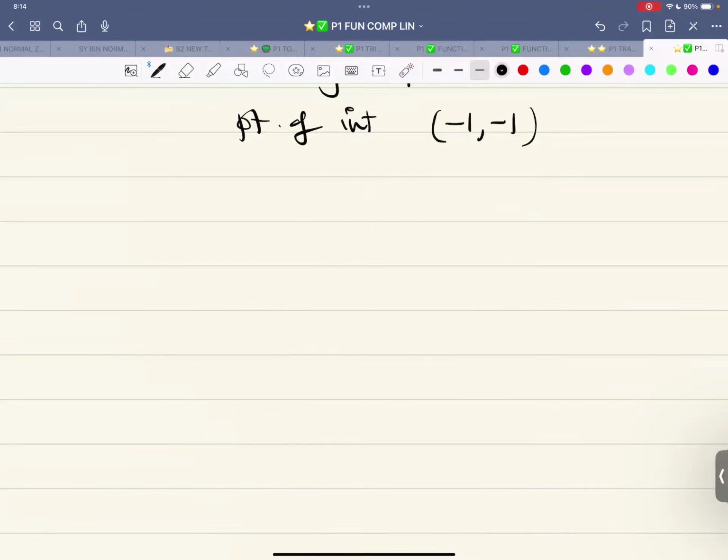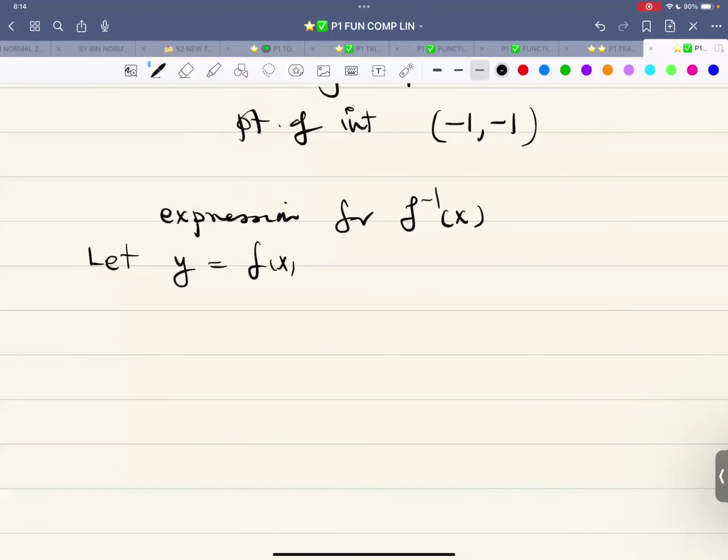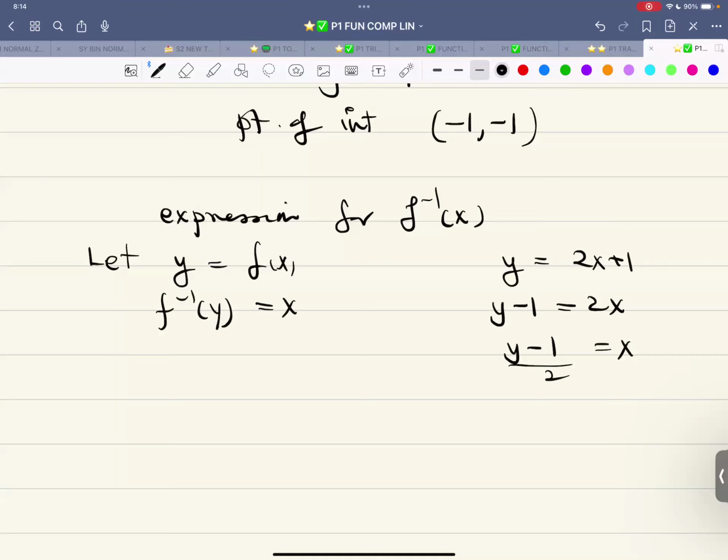What else can I find? I'm interested in finding the expression for f inverse, the expression for the inverse function. So we have this method of writing: let y = f(x). Therefore, f inverse y = x. y = 2x + 1. y - 1 = 2x. (y - 1)/2 = x.